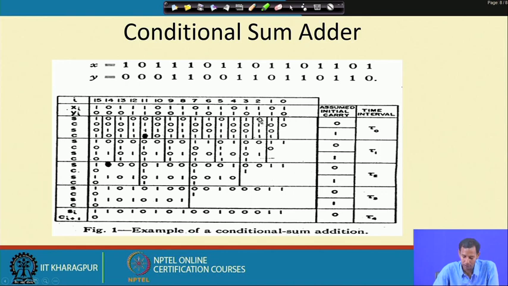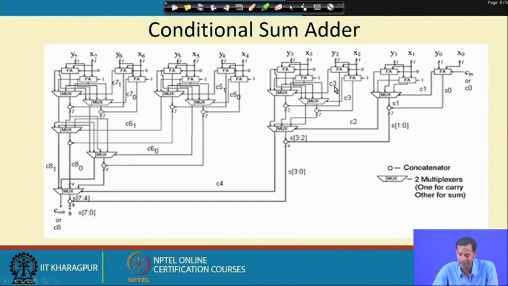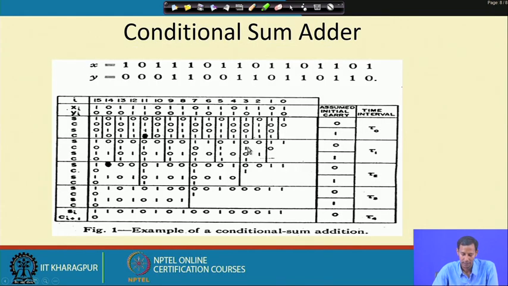And for this particular case also the carry output bit is 1, so it will also choose 0 and 1. Okay. So, in both of these cases, as C 3 is 1, it will choose 0 and 1.